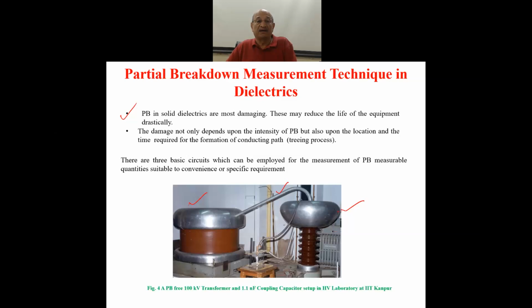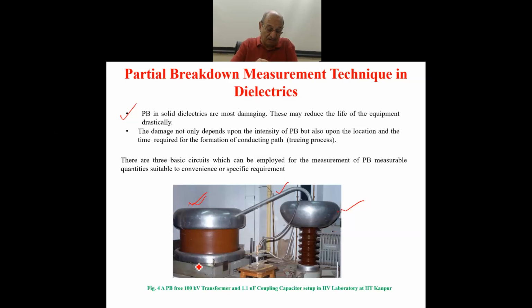Nowhere in the whole measurement circuit should partial breakdown activity take place except in the test object you are measuring. So the whole circuitry, all the connections, everything is designed in such a way: large electrode system, stress control, as you see on the top of the transformer here, a dome-like stress control.